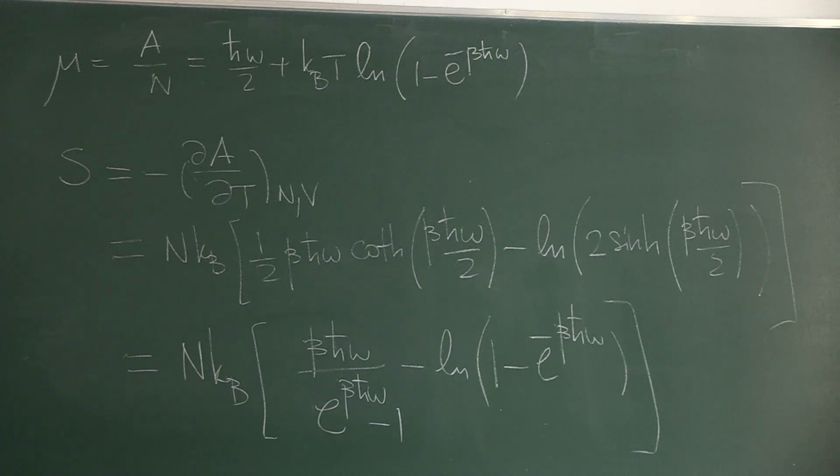Now let's see what we are going to get for the internal energy and heat capacities, and there we should check whether the quantum oscillators obey the equipartition theorem. That's what we should ask ourselves. And the result is as follows.